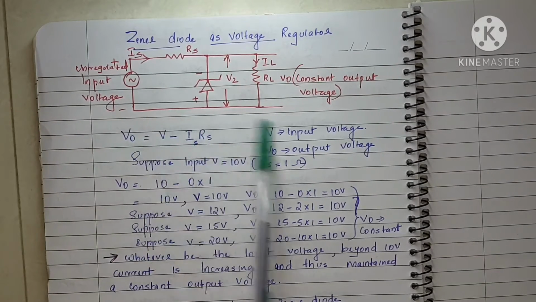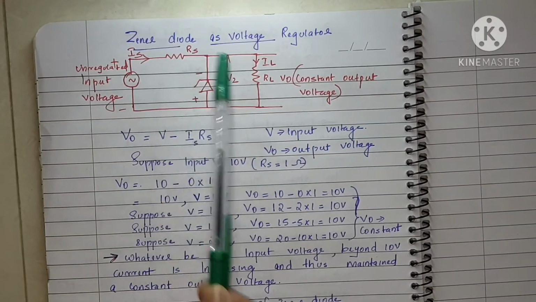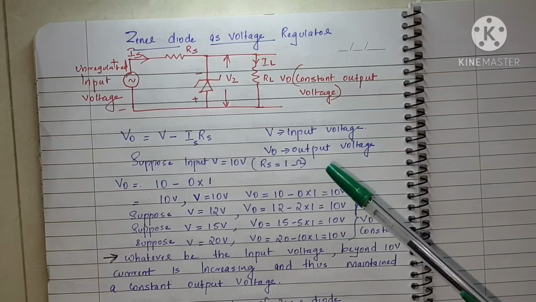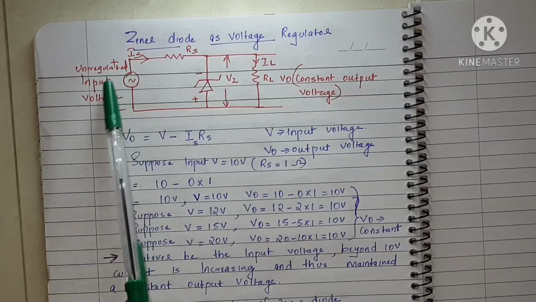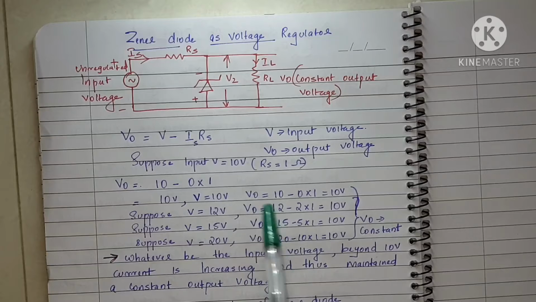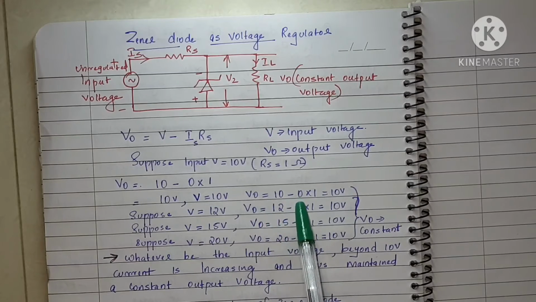V is the input voltage, V0 is the output voltage, Rs is the series resistor and Is is the series current. Suppose we apply an input voltage of 10 volt and consider the resistor value as 1 ohm. For this 10 volt input supply, suppose the current flow is 0 amps. So V0 becomes 10 minus 0 into 1, equal to 10 volt.